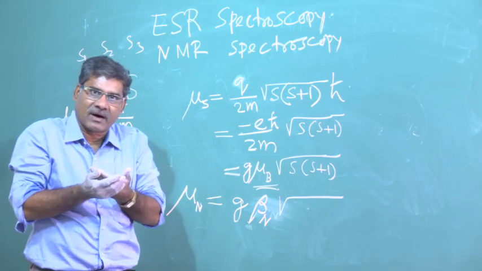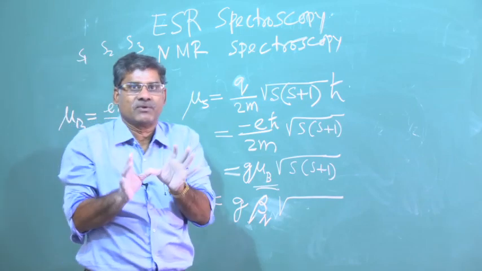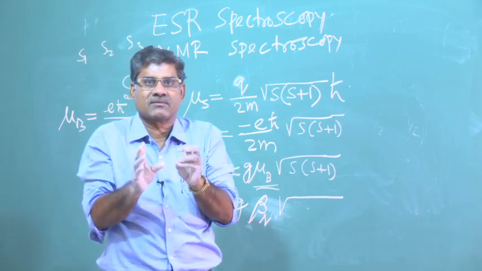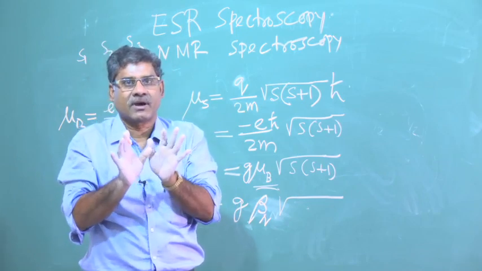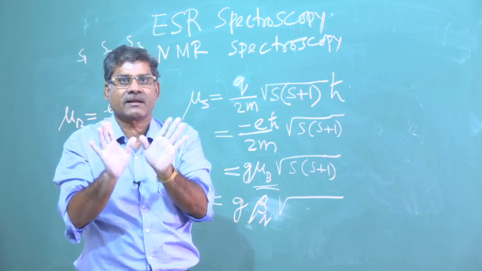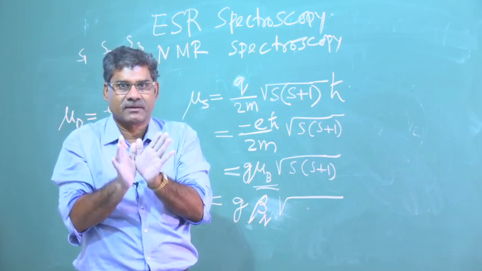Because proton has half, neutron has half, so these are the nuclear spin we tell, because both have the same. So how many neutrons and protons are there? Together, using the vectorial model, one can find out the resultant nuclear spin. Okay.